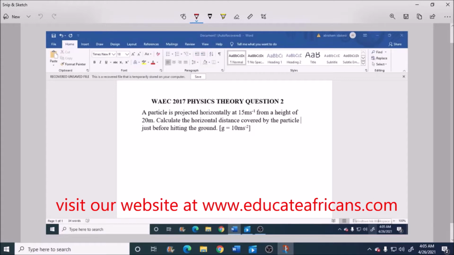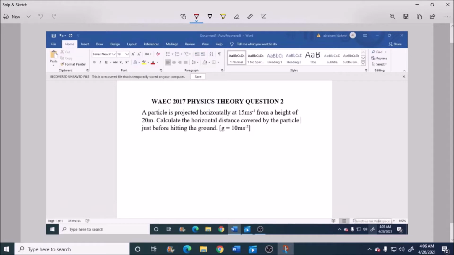Now let's first of all look at the diagram. Let's have the height. The height is 20 meters, and then it's projected. And here we have the range, which is the horizontal distance that we want to look for.